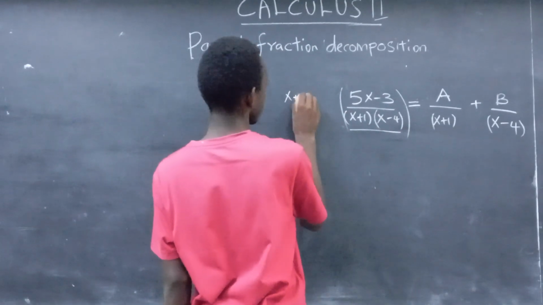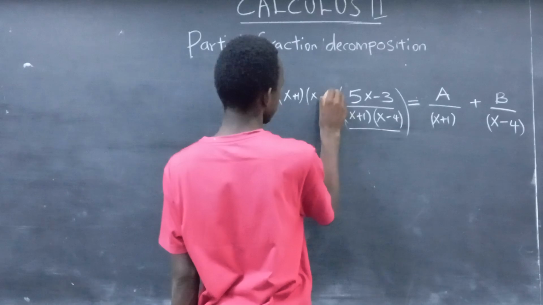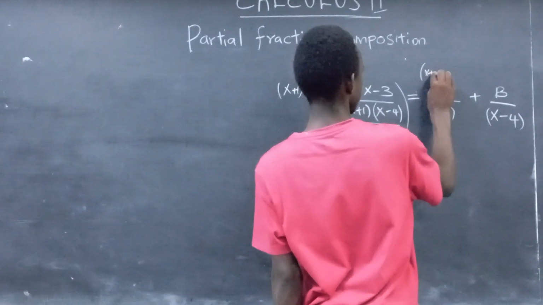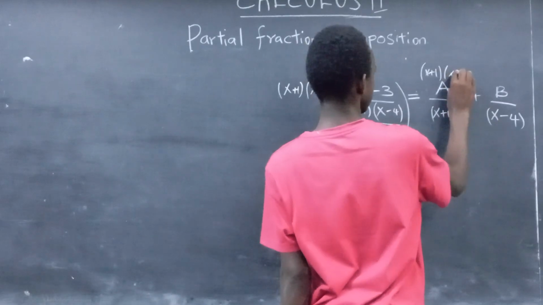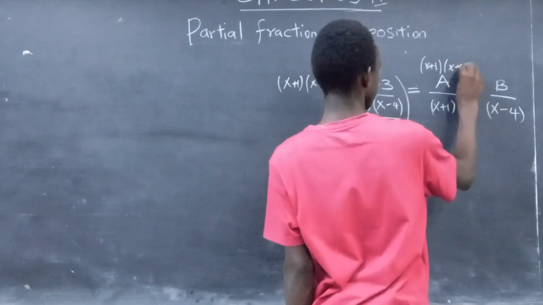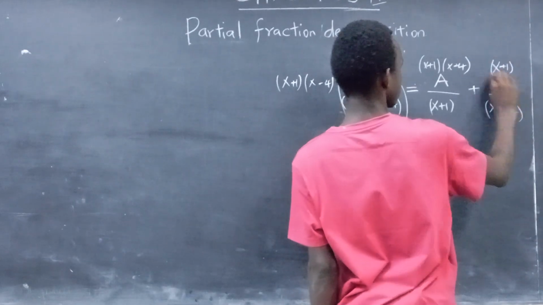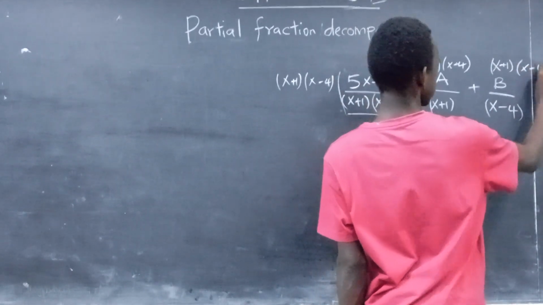So I'll multiply by x plus 1, x minus 4. Then again this part I'll multiply by x plus 1, x minus 4. Okay? Again this part I'll multiply by x plus 1, x minus 4, right?